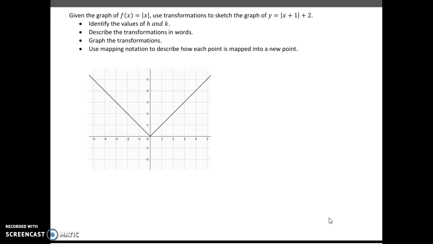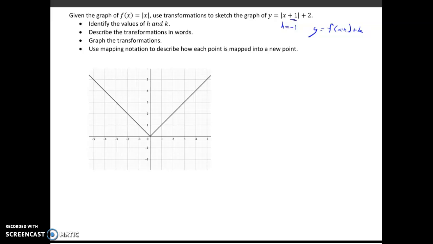Just to recall from the previous video, and I think this is fairly important here, we have to understand that this is the form of transformations. So what is the value of h here? h is equal to -1.